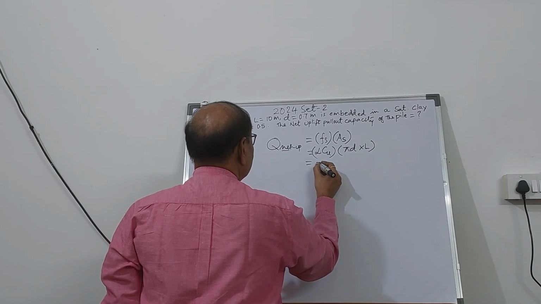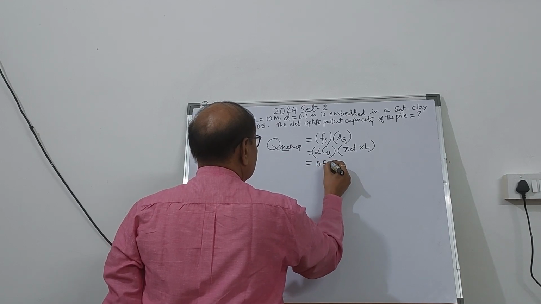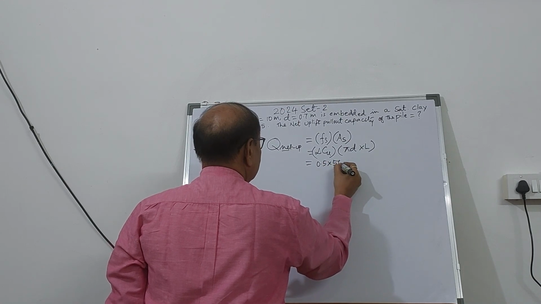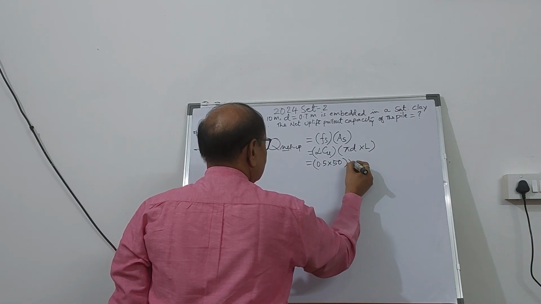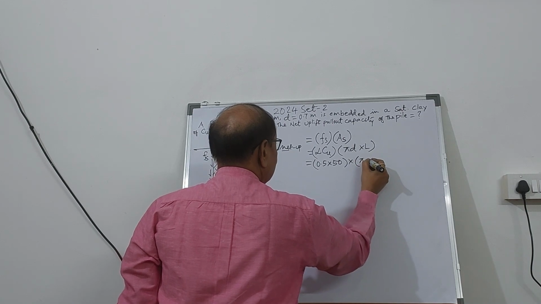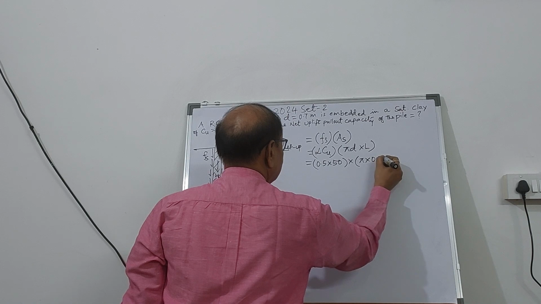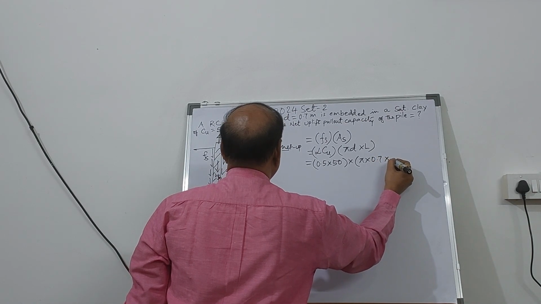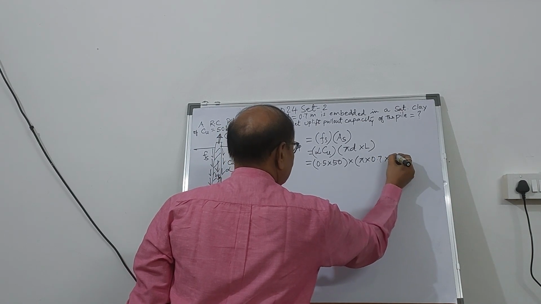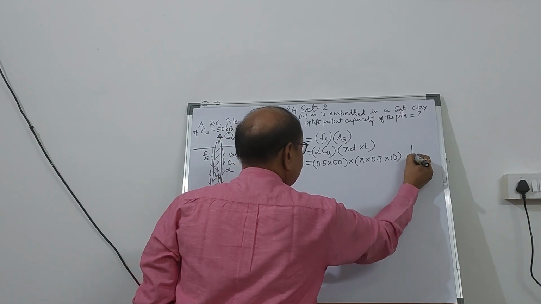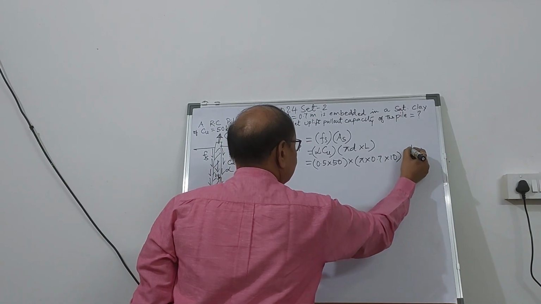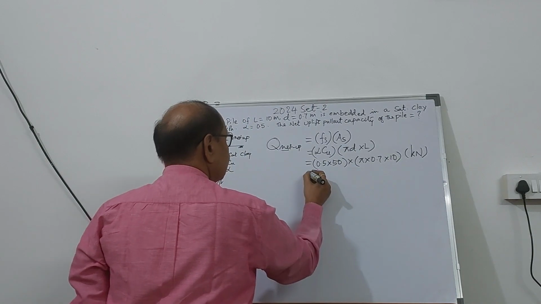The alpha value is 0.5 and Cu value is 50, pi, D value, diameter of the pile is 0.7 meter, and the length of the pile is also given to you as 10 meter. So this will be the value in kilonewton.